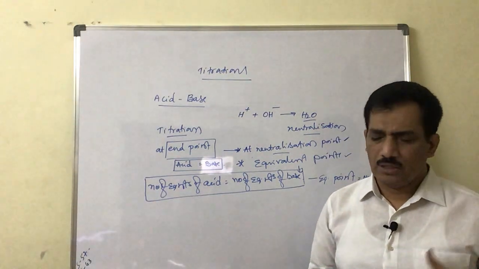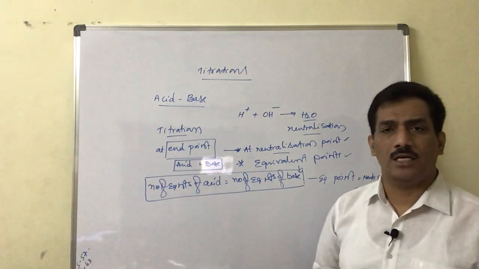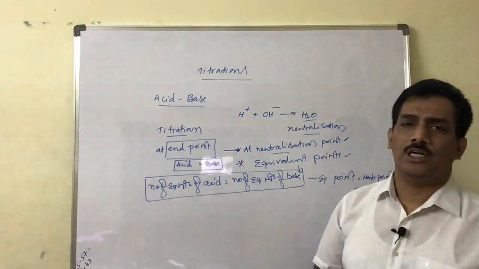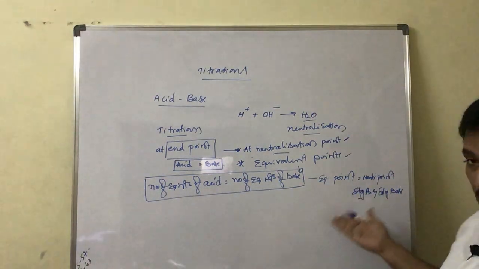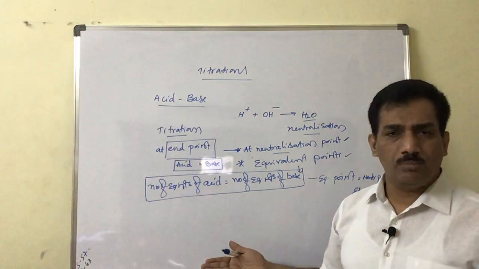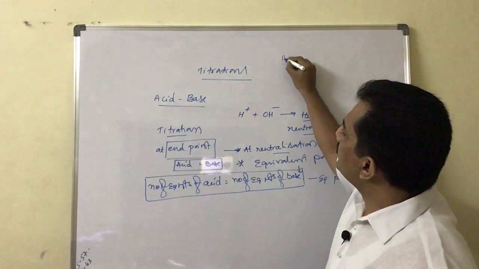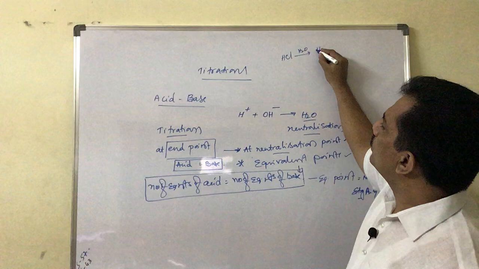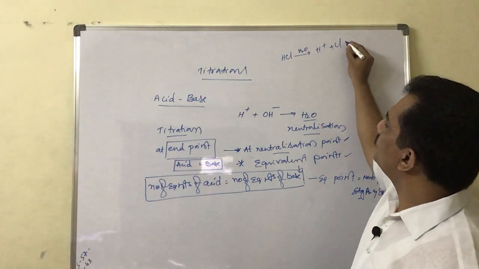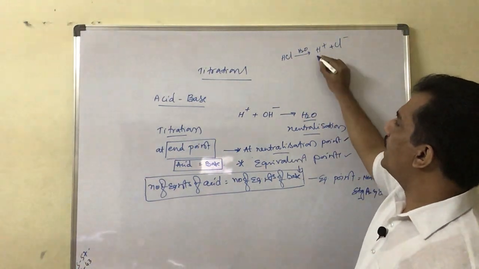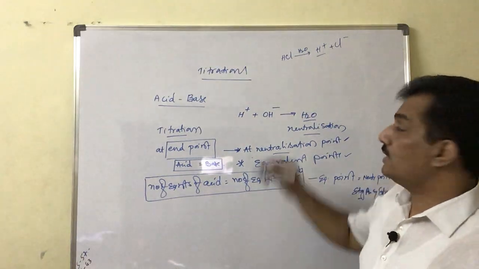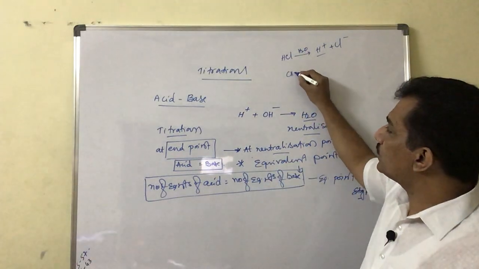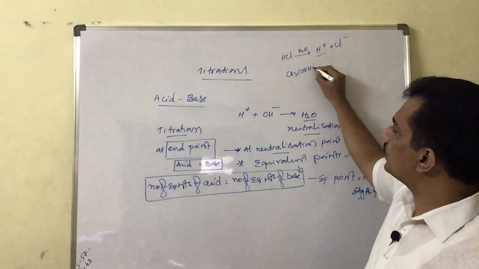Actually you will come across these terms in ionic equilibrium and you will learn in coming days, but for convenience sake first let me give a simple logic. Acids which are undergoing 100% dissociation to give all the H plus present in them are considered as strong acids, and some acids are not able to go for such 100% dissociation.